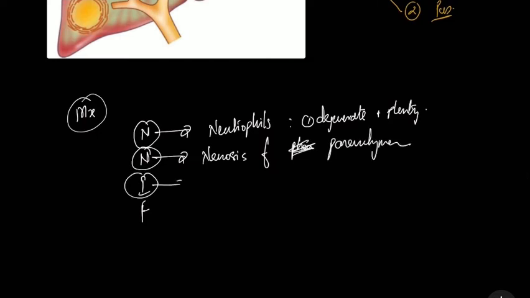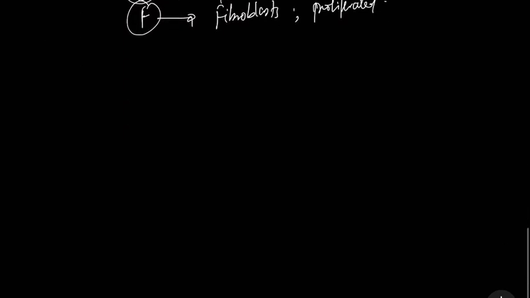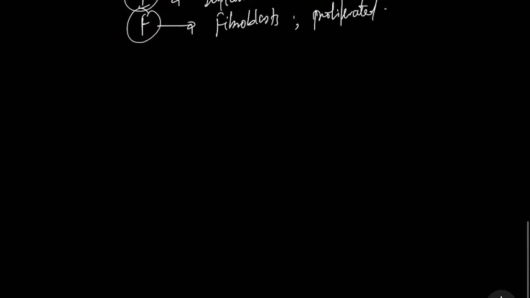All right. The I over here stands for inflammation, and F stands for fibroblasts, which are proliferated. All right. With that, we're done with liver abscesses, and now let's study amoebic liver abscess.